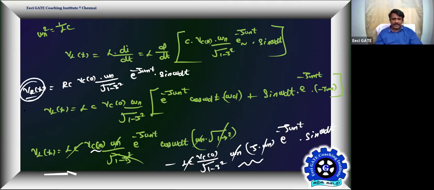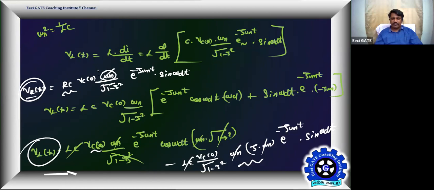We are going to add VR and VL to get VC. So what will be the resultant if we add VR and VL? Anything will get cancelled. This is plus and this is minus. Omega n is there. What is omega n? Omega n is 1 by root LC.